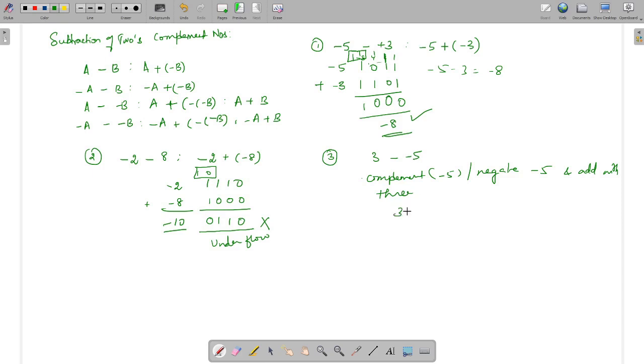Here 3 is 0, 0, 1, 1. And minus 5, when you try to negate it, becomes plus 5, isn't it? So minus of minus 5 will become plus 5.